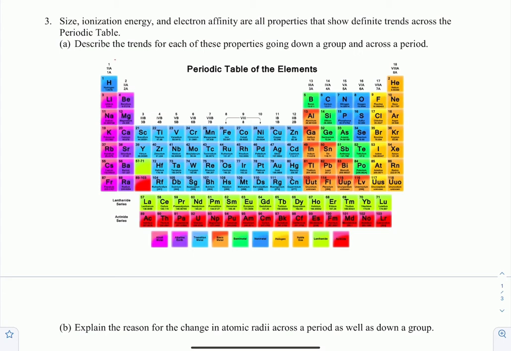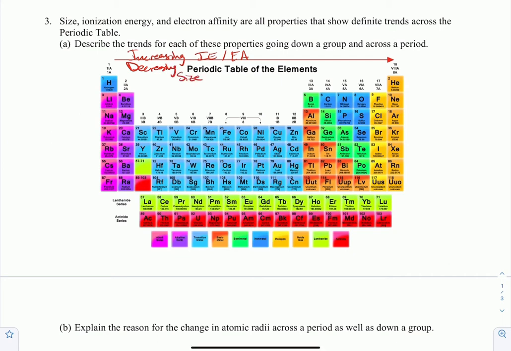So across this way, we have increasing ionization energy and electron affinity. I'll try to explain what these both are and why they are the way they are in a minute. And then by contrast, we've got decreasing size.